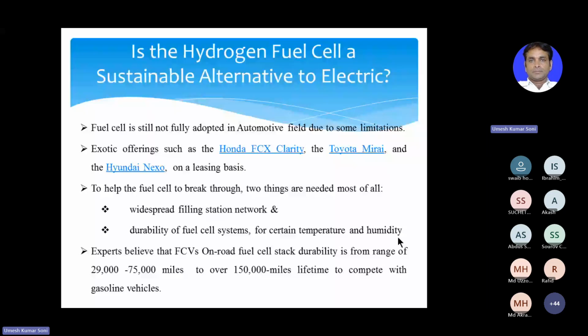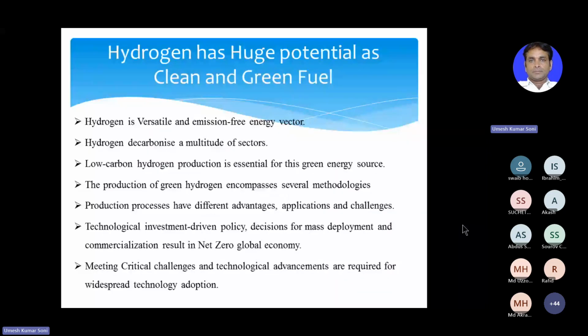So we can see that hydrogen has a huge potential as clean and green energy, as a green fuel. Hydrogen is emission free, and hydrogen also decarbonizes different sectors of life and industry. Hydrogen is carbon-less production, and it is a very essential green energy source.